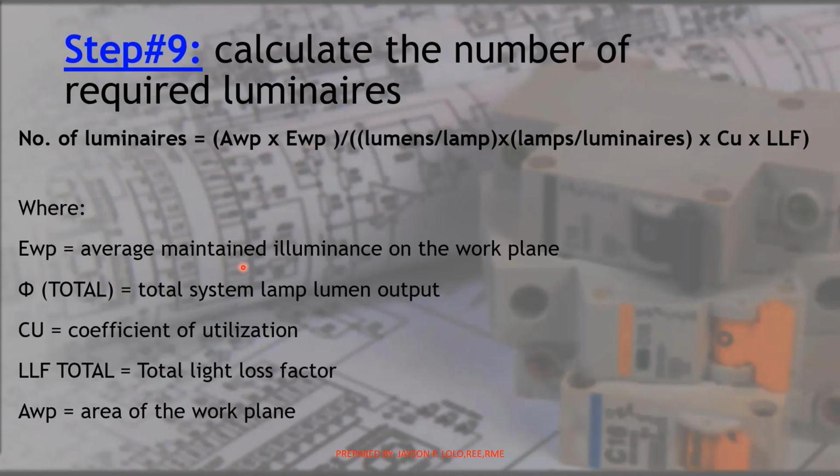EWP is the average maintained illuminance on the work plane. Okay, the flux total and the total system lamp lumen output, lumens per lamp, then lamps per luminaire. So CU is coefficient of utilization, then LLF is the total light loss factor.